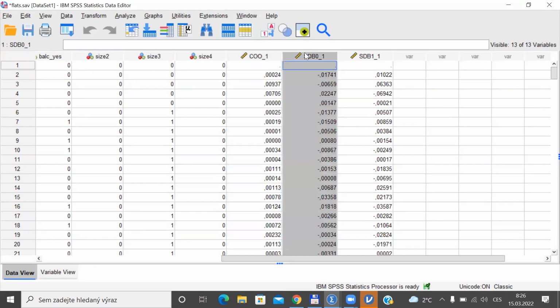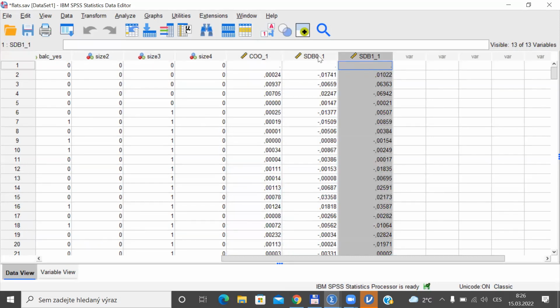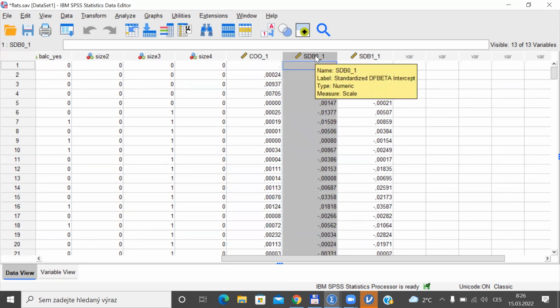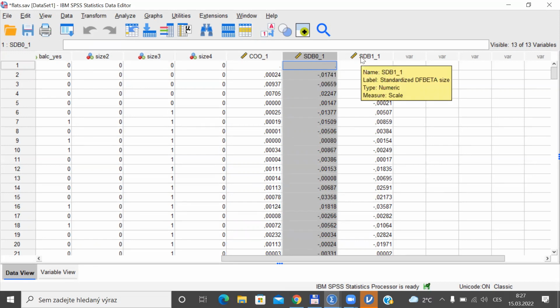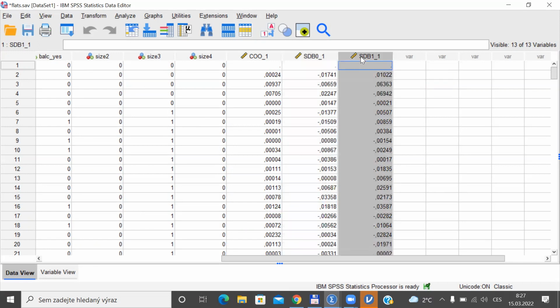And there are 2 more columns, which are standardized DFBeta for intercept, fully described, and the next one is standardized DFBeta for predictor size. For us, the most important thing is this second standardized DFBeta, which is called SDB1_1.